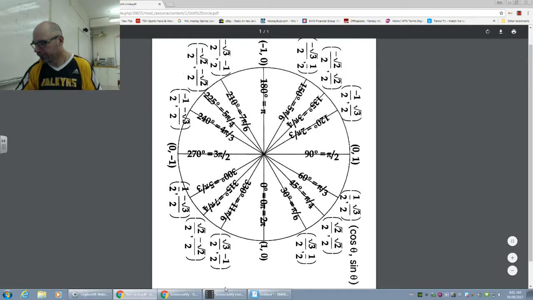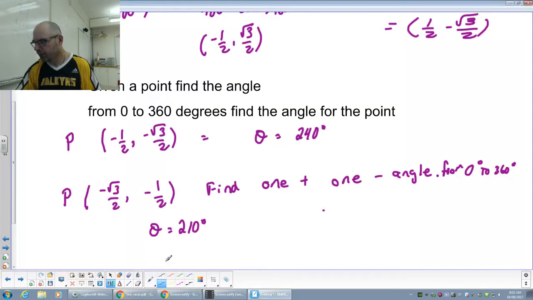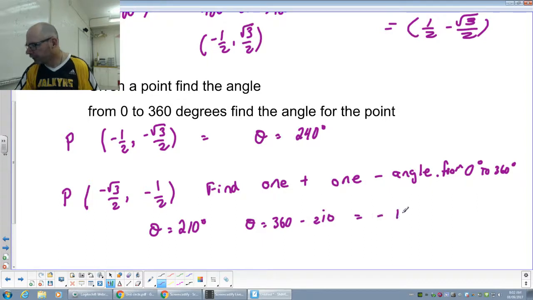So we can say theta equals 360 minus 210, which equals negative 150. I guess I did it wrong. It's 210 minus 360 because it's a negative angle. We're going down. Let me fix that up.